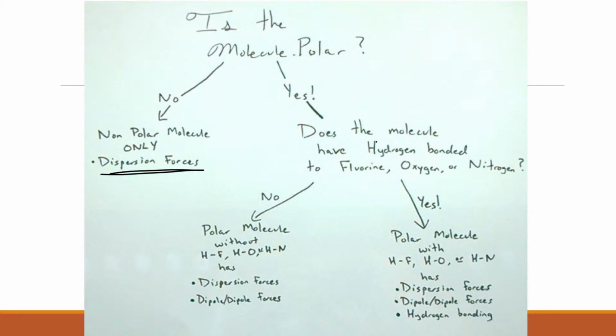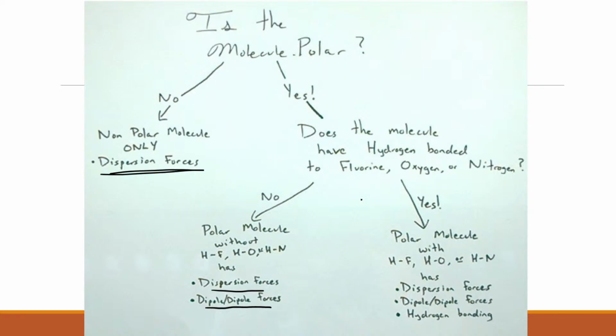If the molecule is polar, we need to ask a second clarifying question. We need to know if that molecule has H connected to F, O, or N. If it does not have H connected to F, O, or N, then the molecule we're looking at has dispersion forces and dipole-dipole forces. Polar molecules have dipole-dipole forces, and everything has dispersion forces.